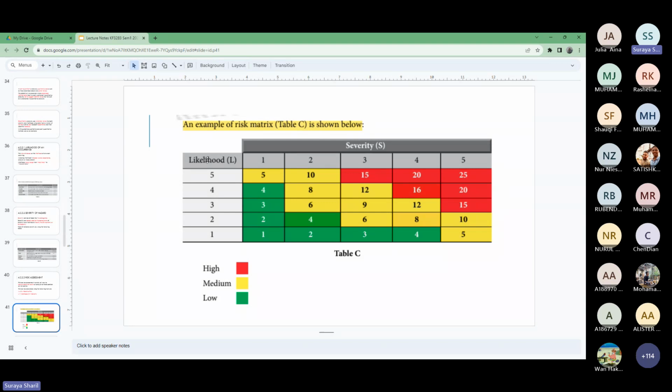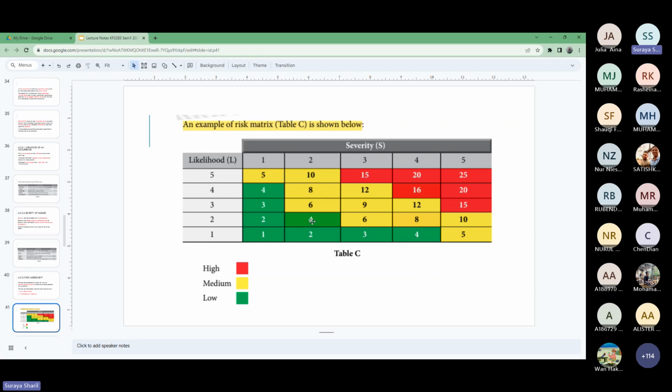On the left, the first column is the likelihood ranging from 5 to 1. And the first row describes the severity. As you can see, the one with the green color, 5 multiplied by 1, we get 5. 5 multiplied by 2, we get 10. Similar goes for each of these numbers in each box.